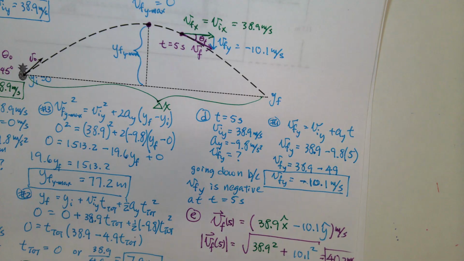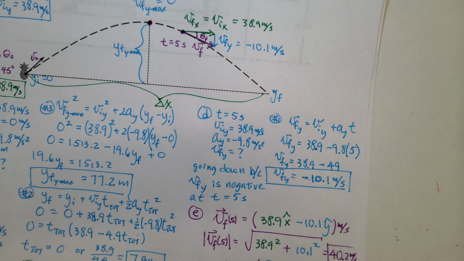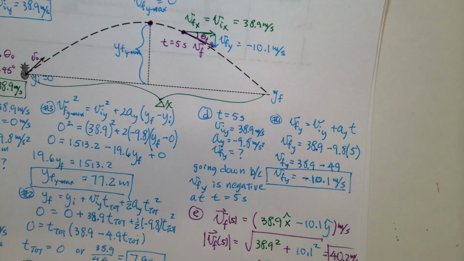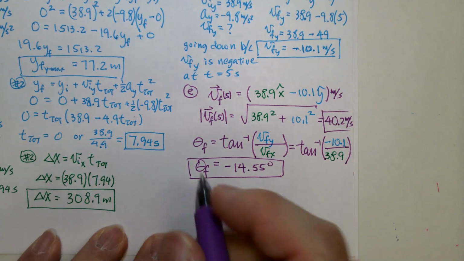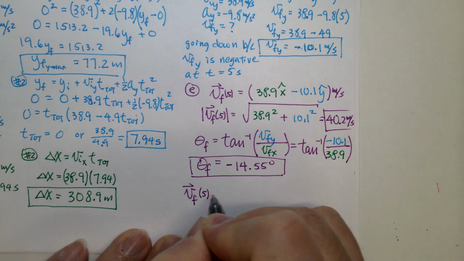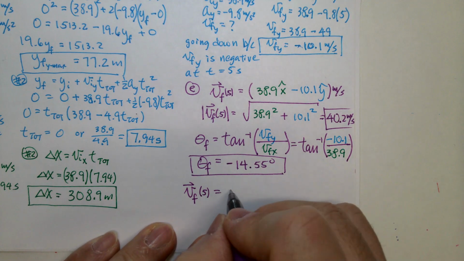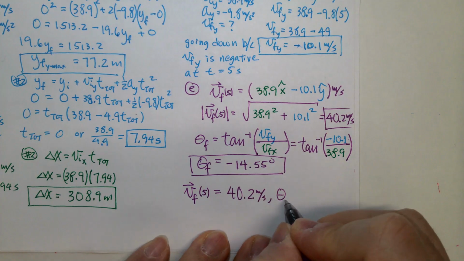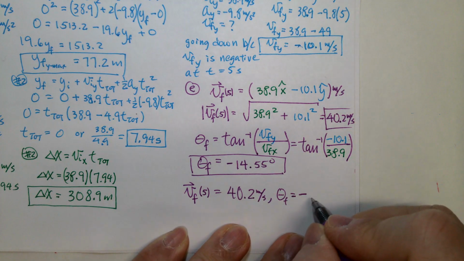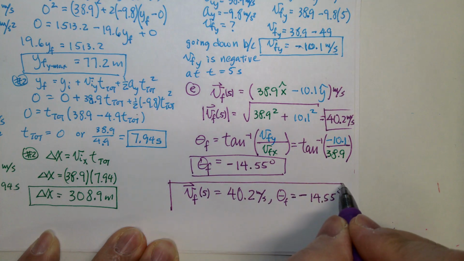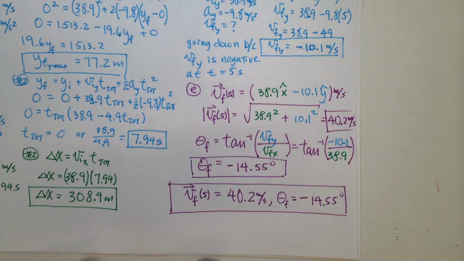So your theta final at 5 seconds comes out to negative 14.55 degrees. Therefore, final velocity in polar form at 5 seconds is simply 40.2 meters per second, comma, theta final is equal to negative 14.55 degrees as your final answer.